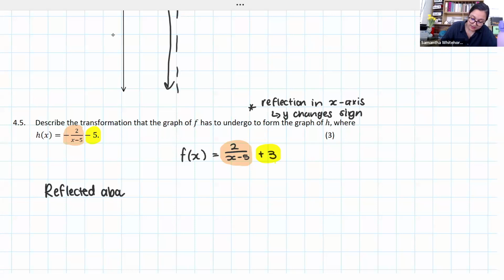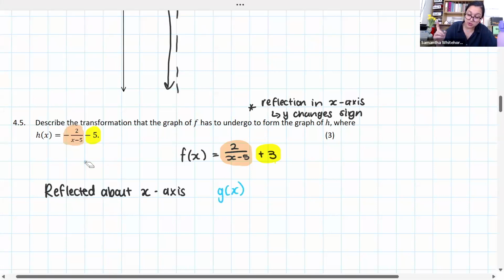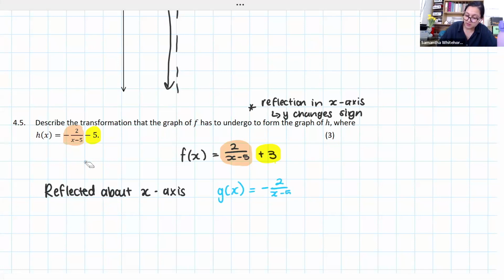about the x-axis. And if we just consider that as the first step in my transformation, that would give me a new graph, and I'm just going to call it g of x because it's not yet h of x, of minus 2/(x minus 5) minus 3. The y changes sign. This is the y.